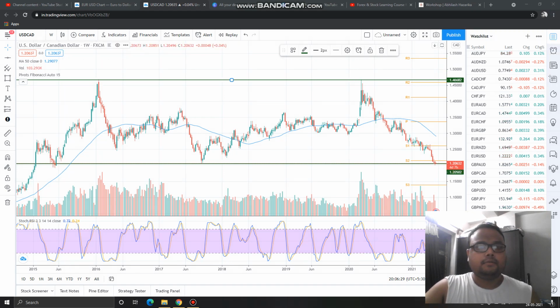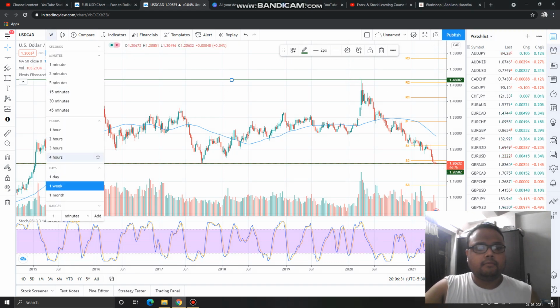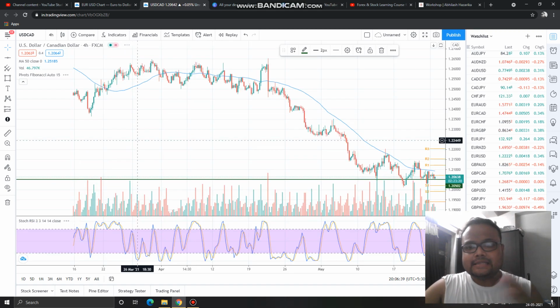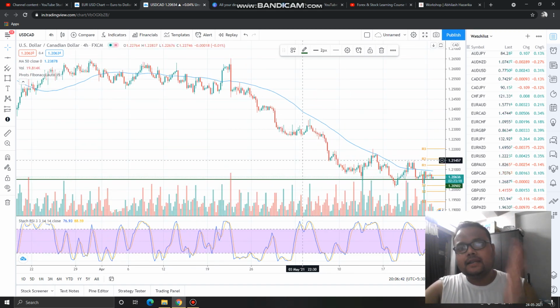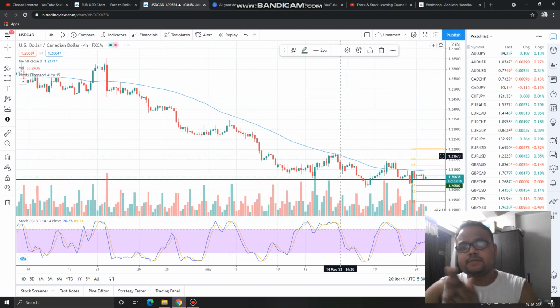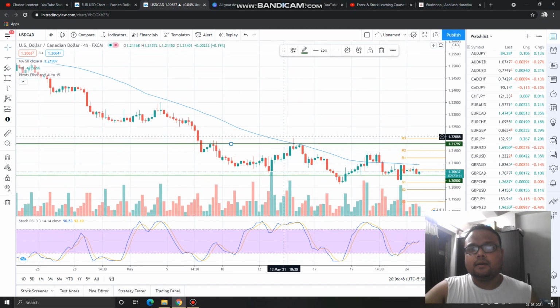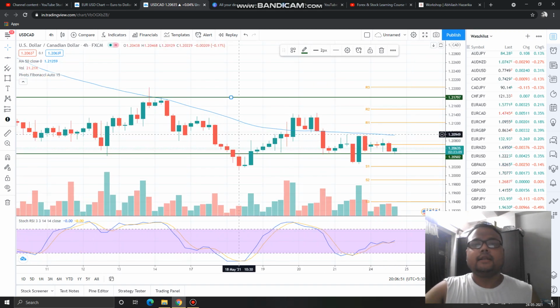My point was that there is a good possibility that the market will see a battle between the bulls and the bears. The market was in a clean downtrend, but after reaching this particular support level, the market is struggling and is not going downward.